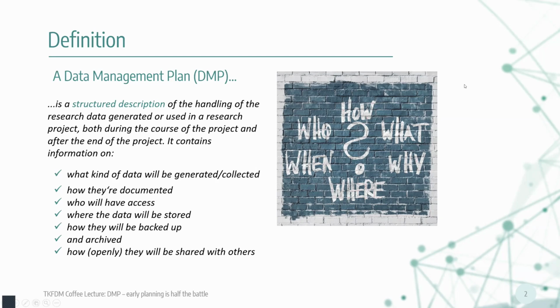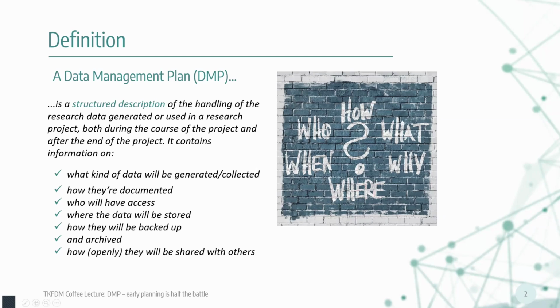So those are the basic cornerstones of what a data management plan should contain. We will be looking at this content that a DMP is supposed to have in a bit more detail later on.